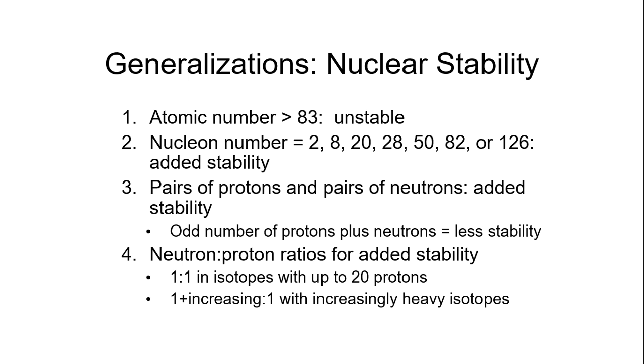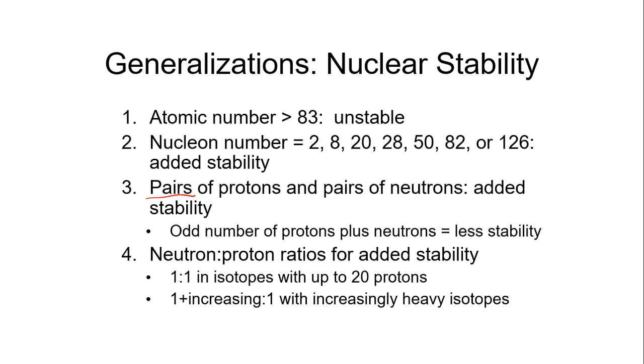Now, atoms also tend to do better when you have pairs of protons and neutrons. That is, if you have an even number of nucleons. If you have an odd number, then that means you have one extra proton or one extra neutron that can't be put into a pair. When that happens, you have less stability.